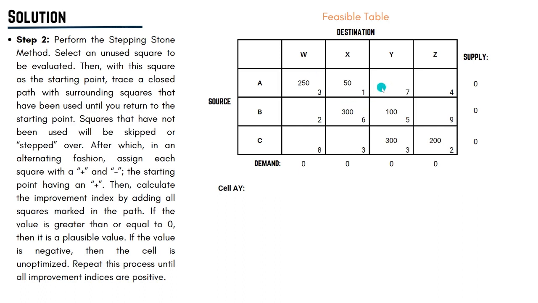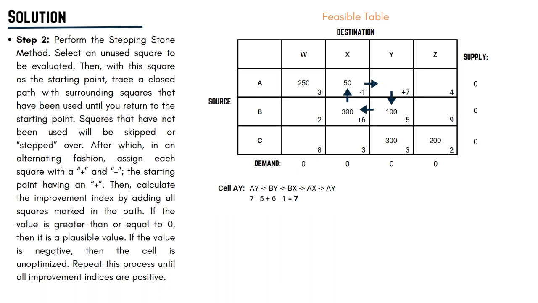You cannot go to squares that are diagonal to you. Same can be said of cell AY to cell BZ. Let's begin. So for this case, we started from cell AY to cell BY, downwards, then to BX, to the left, AX, to the top, then back to AY.